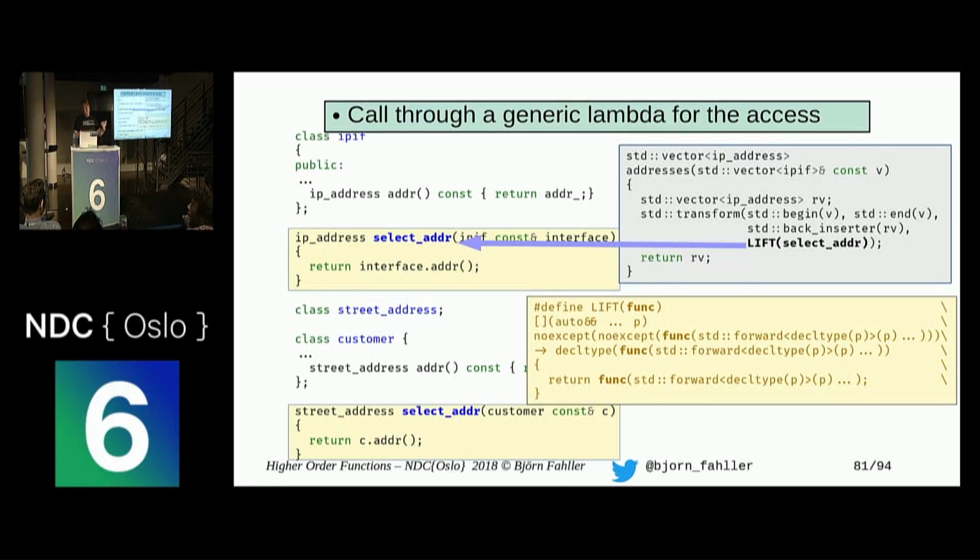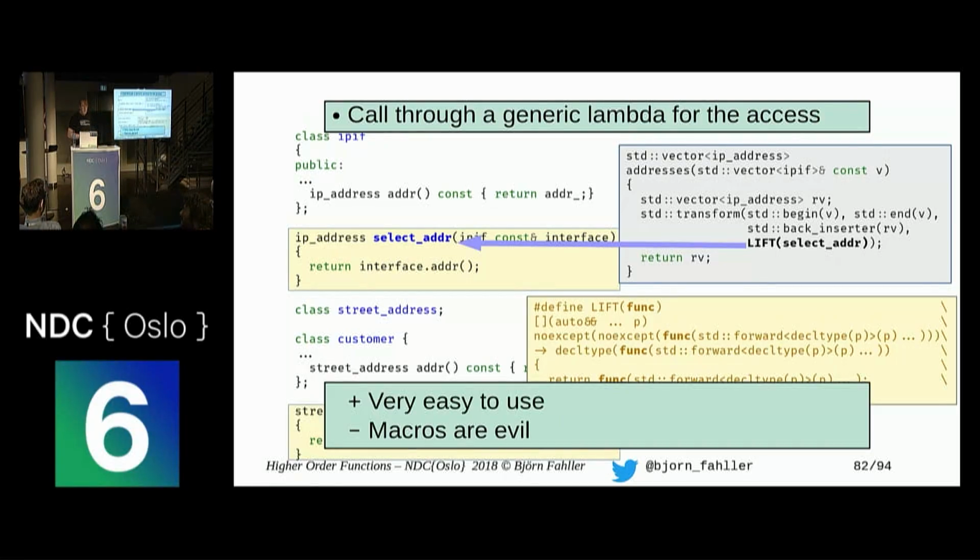And really, that's it. Of course, macros are evil. They are, but what can you do? Let's hope for some evolution in the language that makes us able to express such things without lambdas, without macros, but we're not there yet.